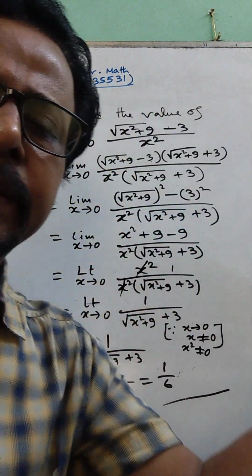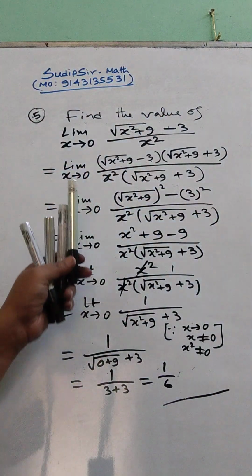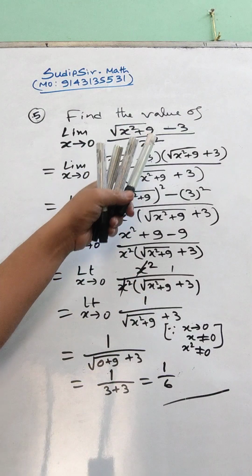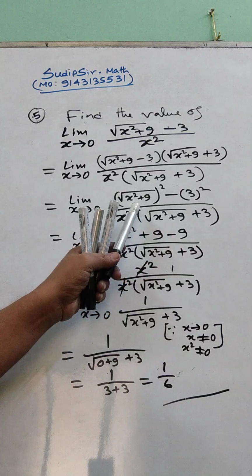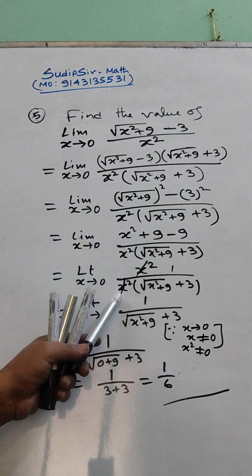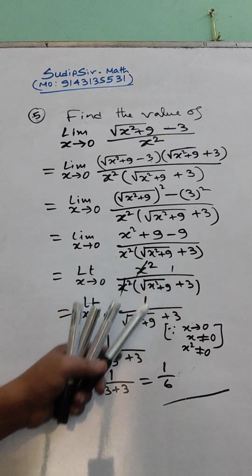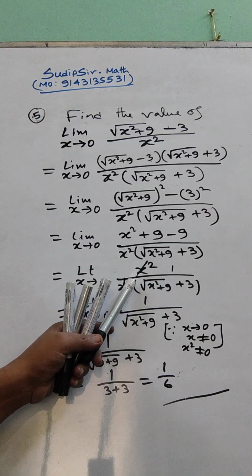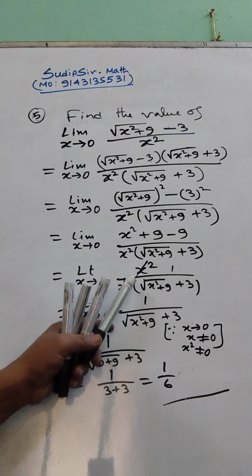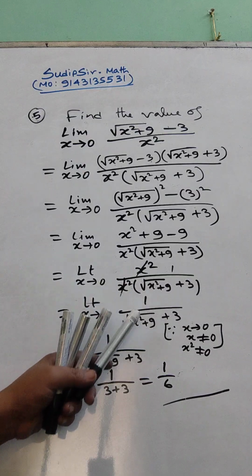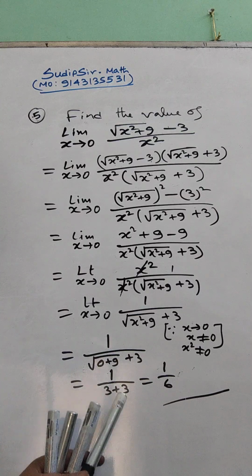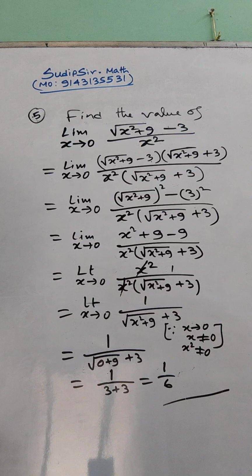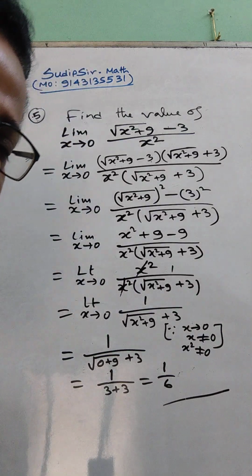The denominator is same, that is root 9 means 3 plus 3, and this is 1 by 6. So this is another example.